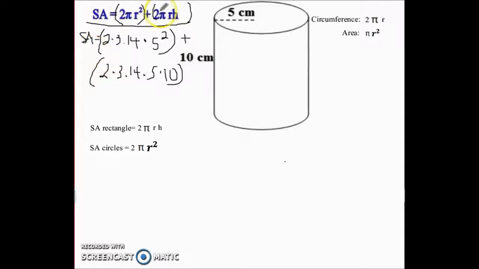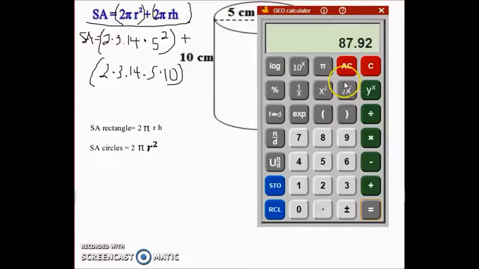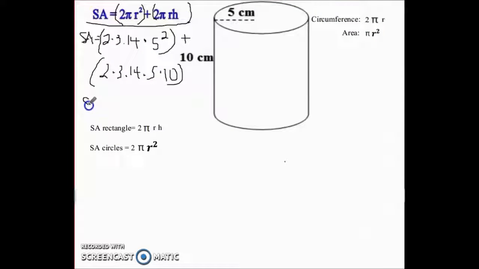So we just do the math and add them together. So let's get our calculator out and do it really quickly. 2 times pi times 5 squared is 157. And then we'll multiply all this together.